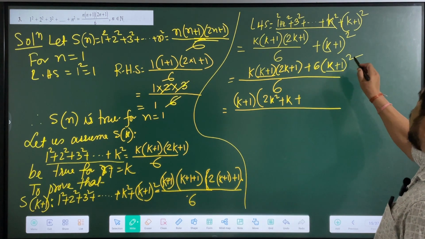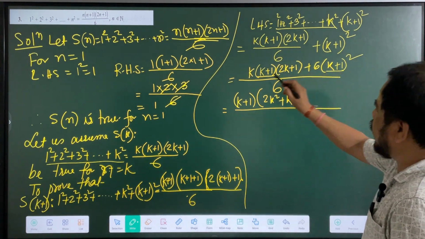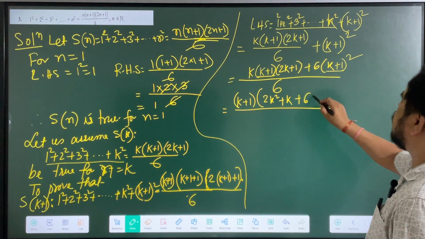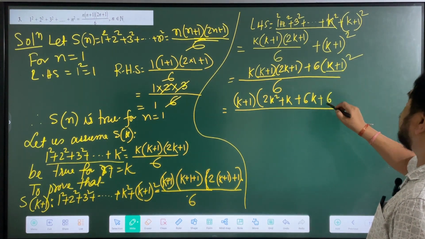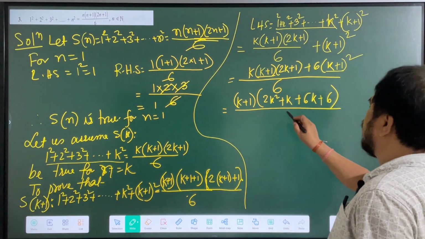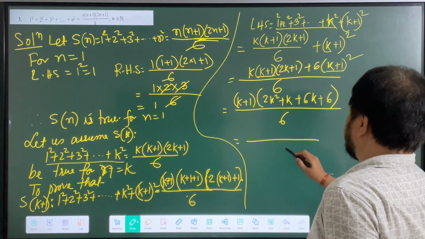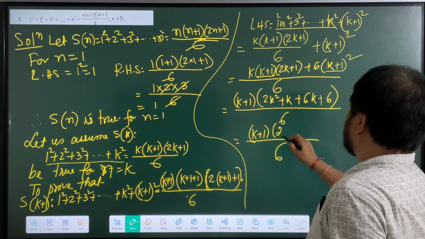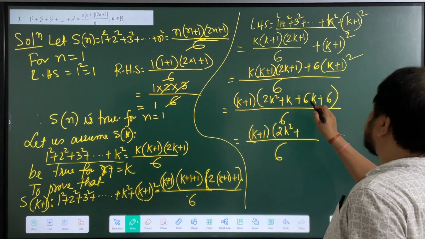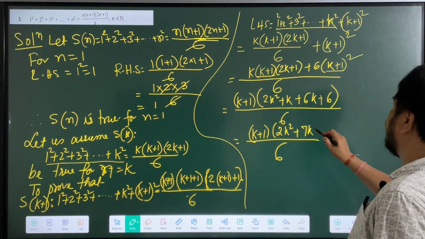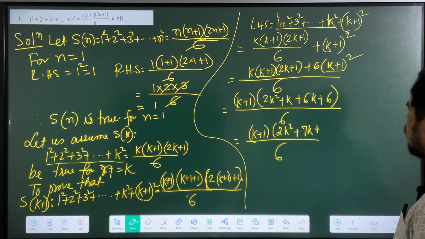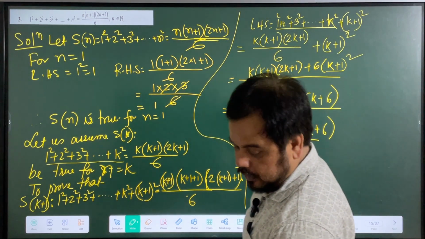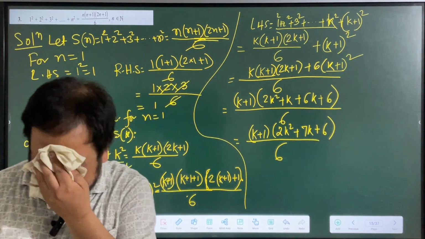Here k plus 1 whole square was there. k plus 1 is already taken common, so one more k plus 1 is left. 6 into k is 6k, 6 into 1 is 6. So we get k plus 1 into 2k square plus 6k plus 1k, 7k, plus 6. Now we will go to middle term factorization.